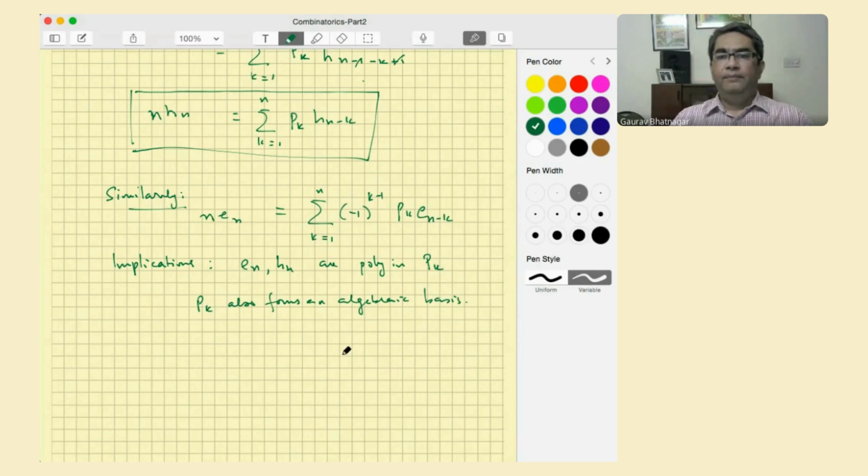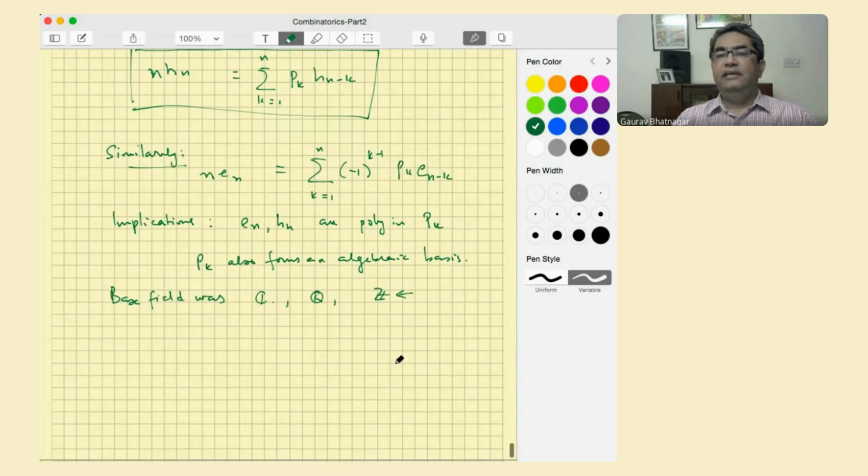Okay, and another interesting thing is, suppose we have a base field, the complex numbers. We could take Q, and sometimes we don't even need to take a field.